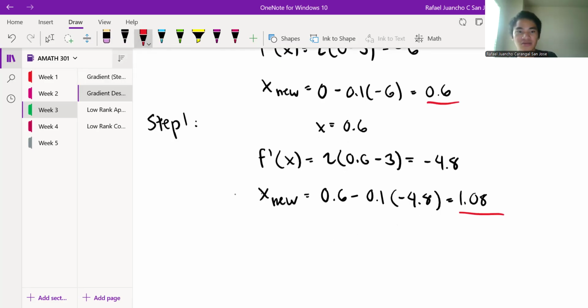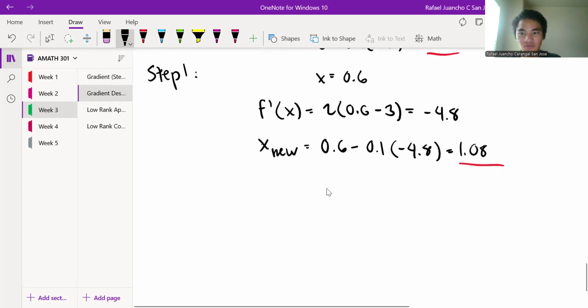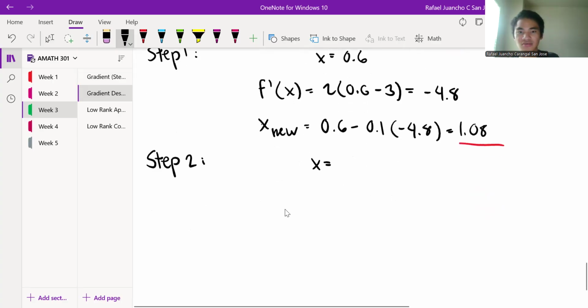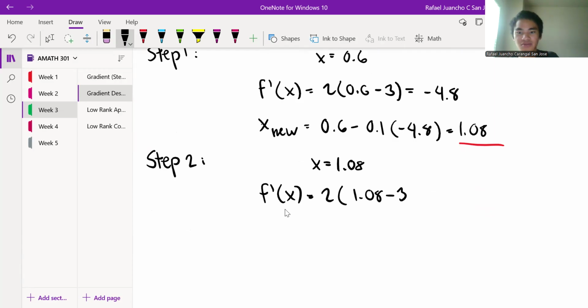So let's keep on focusing on those two values there. We see it's increasing, right? Let's keep going. Step 2. Here, this is x. Now it's currently at 1.08, right? So that's what we're doing. We look at its derivative, we get 2 times 1.08 minus 3.